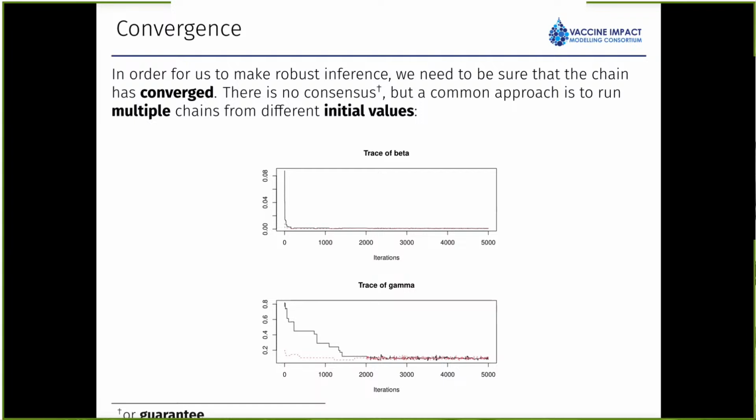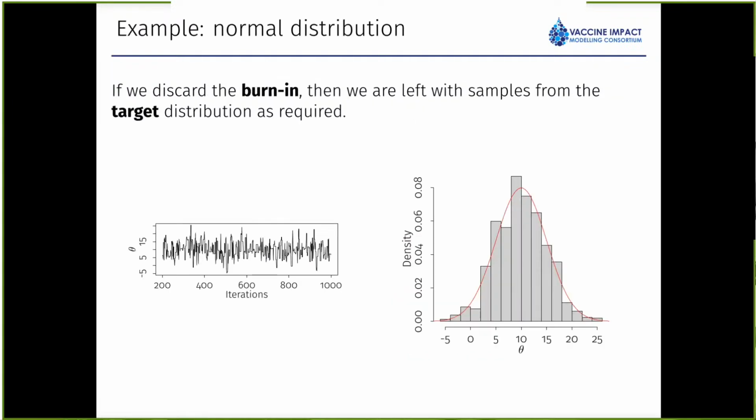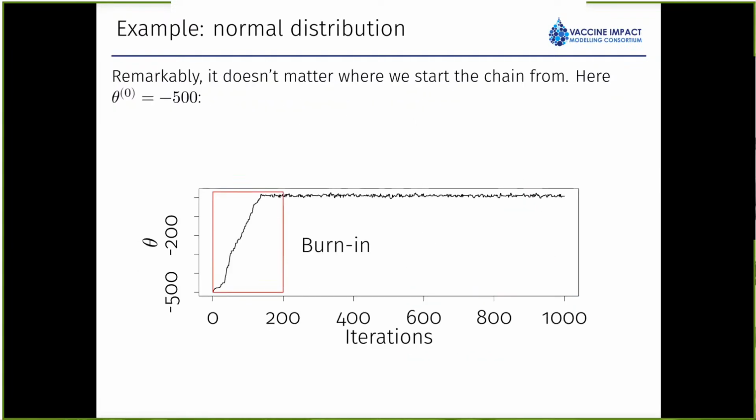Okay? So this is very important. If I don't check these plots, let's say, for example, here, that I ran 400 iterations, or let's say 200 iterations, and then I just take the sample mean of those 200 iterations, I'm going to get a rubbish estimate, right? Because at this point, the chain hasn't converged, right?